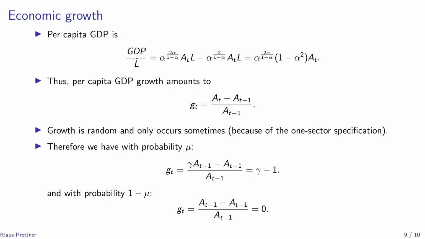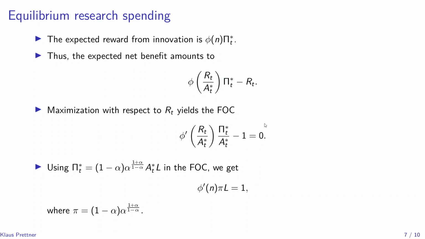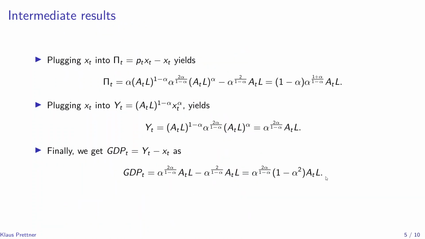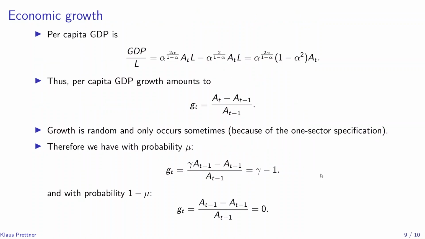Overall, we are interested in per capita GDP and the evolution of per capita GDP, or growth of per capita GDP. So we divide GDP by L, and for GDP we already know the expression from one of the previous slides. So we just need to divide this expression here by L to get per capita GDP. That's exactly this expression.